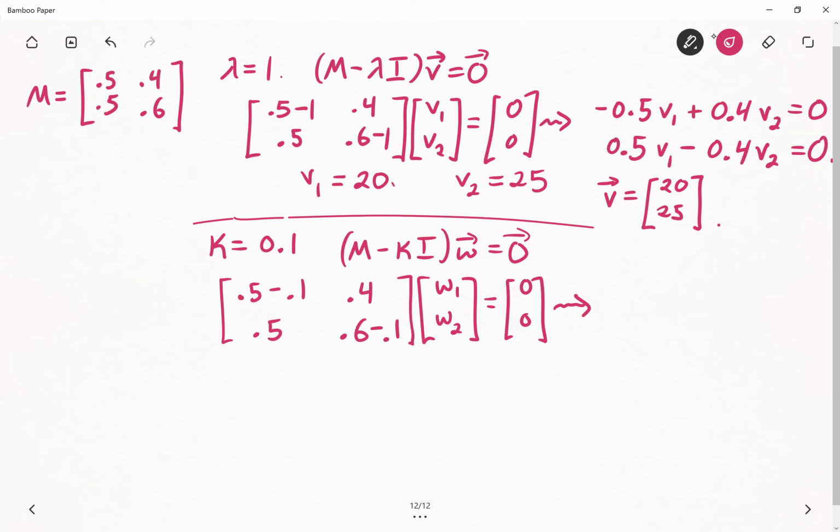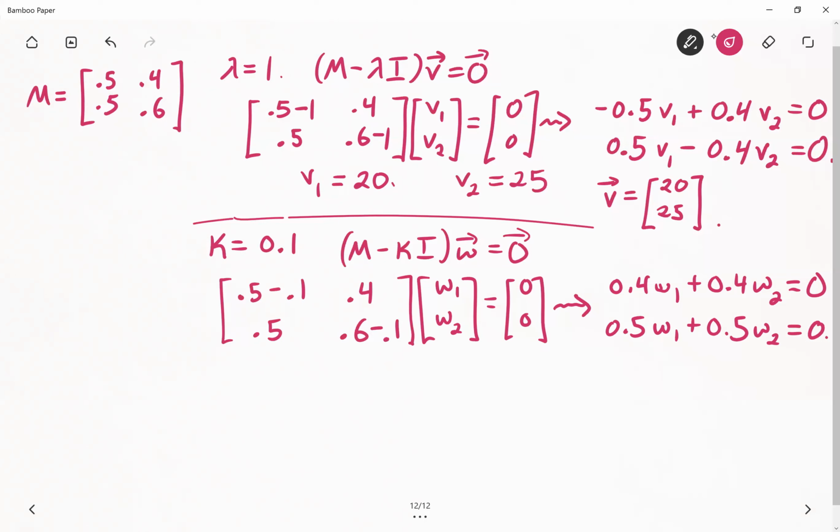And here, let's see, 0.5 minus 0.1, that's 0.4 times w1 plus 0.4 times w2 equals 0. For the second equation, we get 0.5 times w1 plus 0.5 times w2 equals 0.